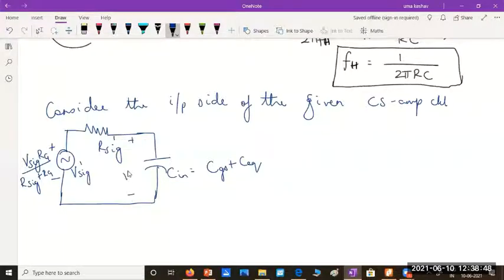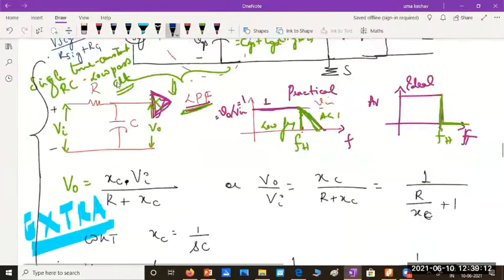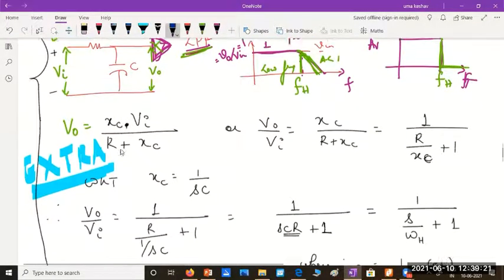The voltage here is VGS, and this is the capacitance. So can I find the value of this voltage VGS? The voltage across this capacitance is VGS. According to the principle of the single time constant RC filter, it looks like a low pass filter with R as the series element, C as the parallel.